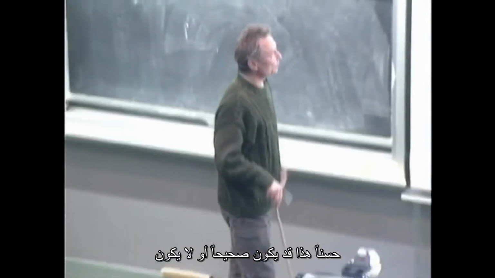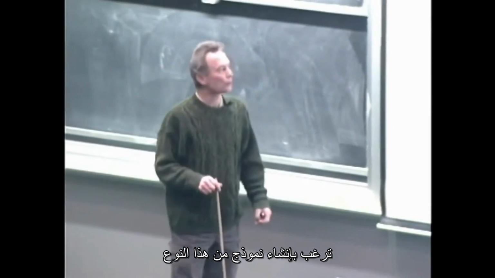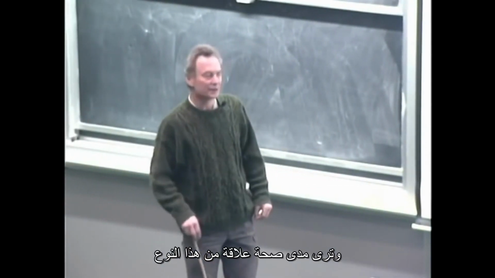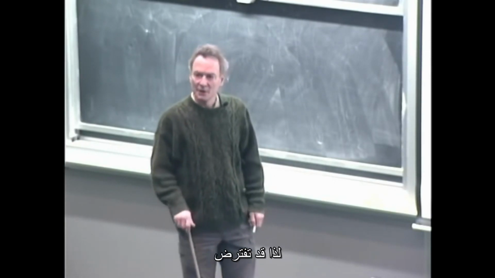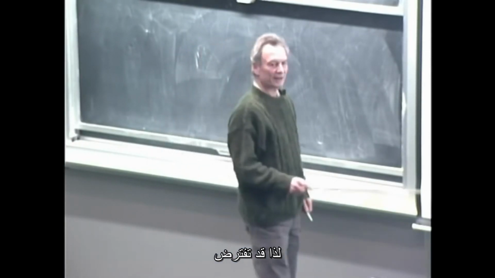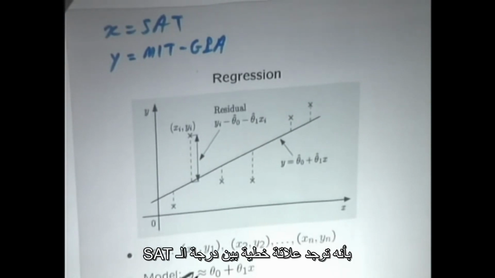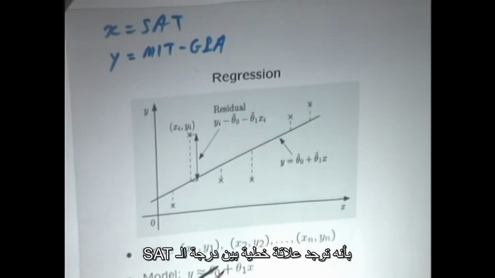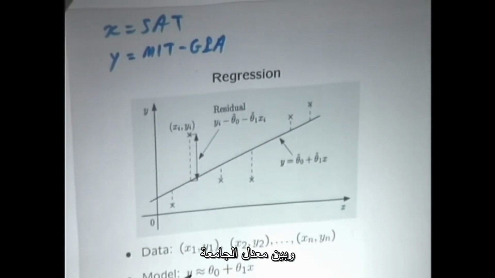Well, that may or may not be true. You want to construct a model of this kind and see to what extent a relation of this type is true. So you might hypothesize that the real world is described by a model of this kind, that there is a linear relation between the SAT score and the college GPA.